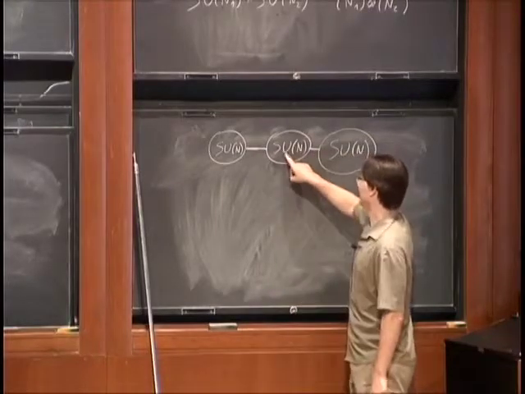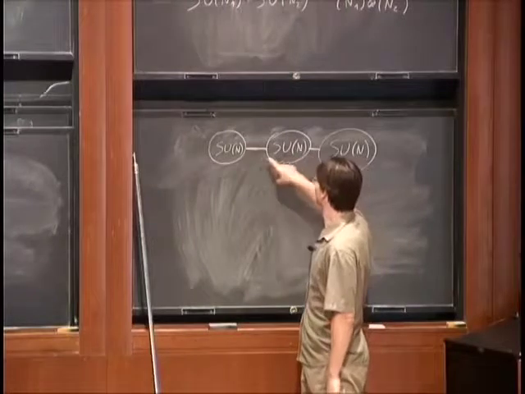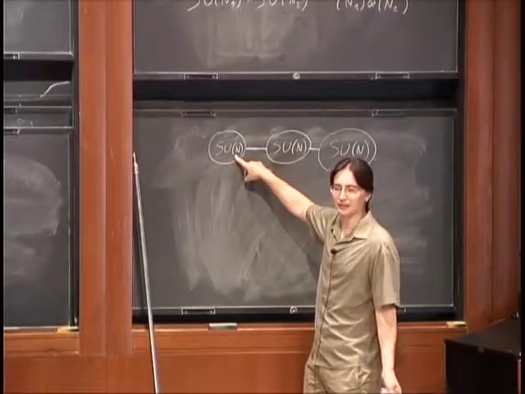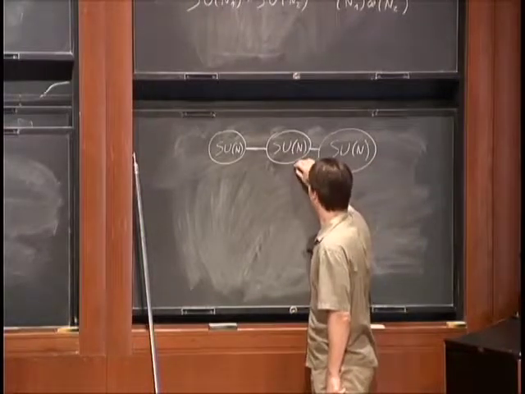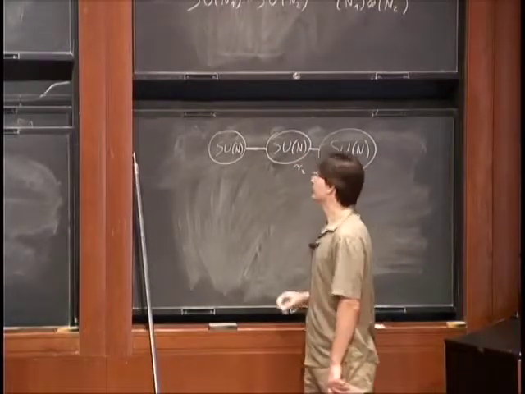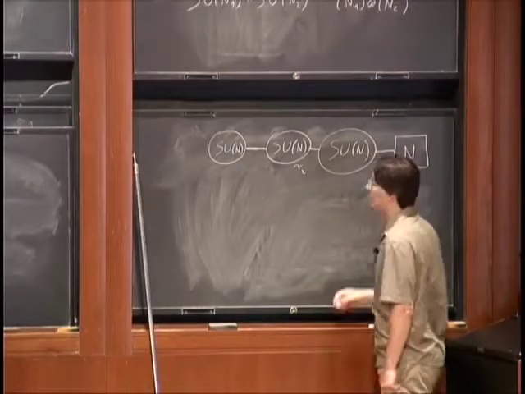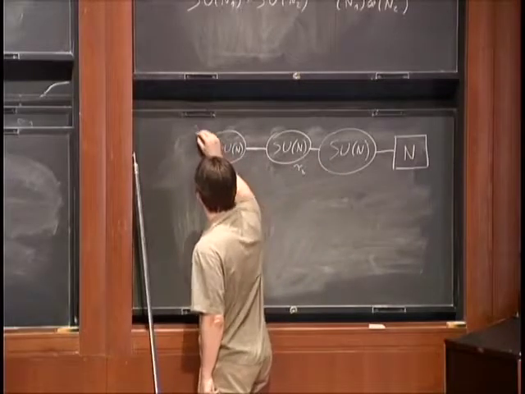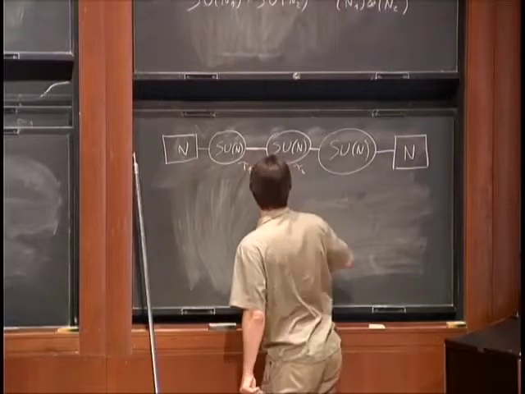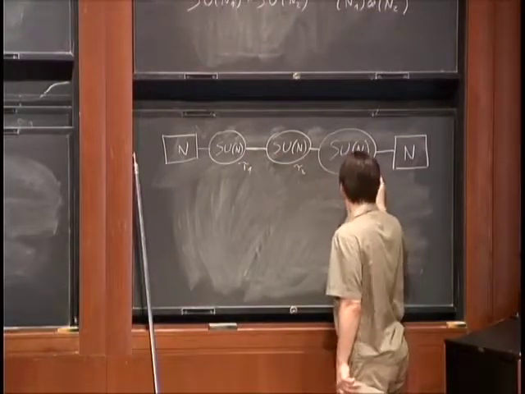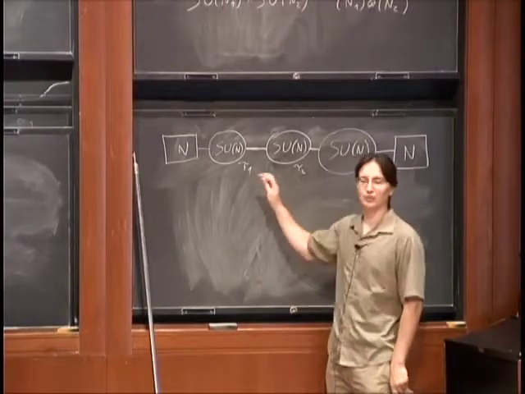Then here, for example, the gauge group in the middle has 2 bifundamentals, so each corresponds to n fundamentals. So in total, there are 2n fundamentals, and this gauge coupling is exactly marginal. For the gauge groups on the sides, we can add n more fundamentals, which I will represent like this.